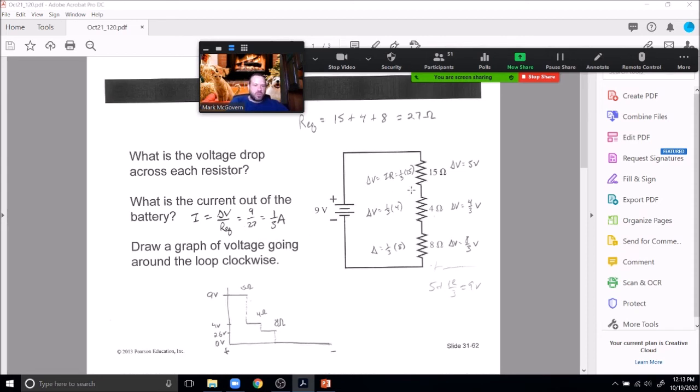You simply do Ohm's law for each individual element, right? So you're doing 1/3 times R for each of these. You get 5, 4/3, and 8/3 respectively. Add them up just to make sure it equals 9. Loop law is obeyed. I have a graph here. It's kind of crude, not a big deal, but that's how we do this.